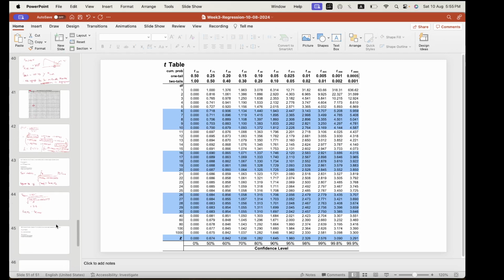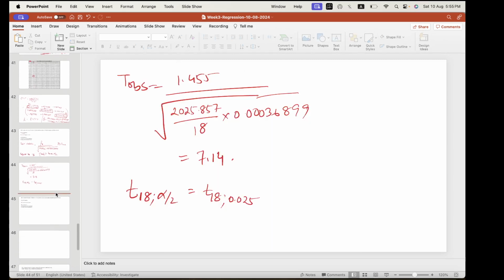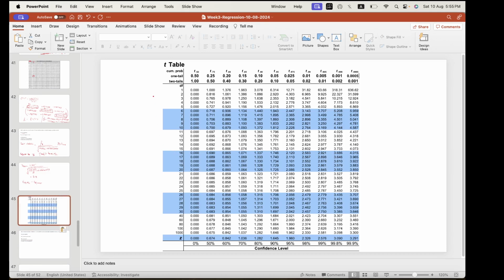Here we have our t table. We want one tail t 0.025, so that two tailed will be 0.05, and our df is 18. So what we need is this value 2.101.